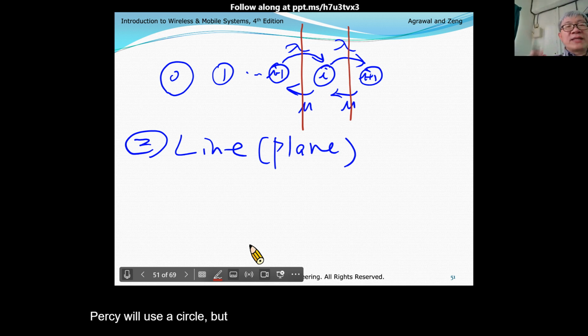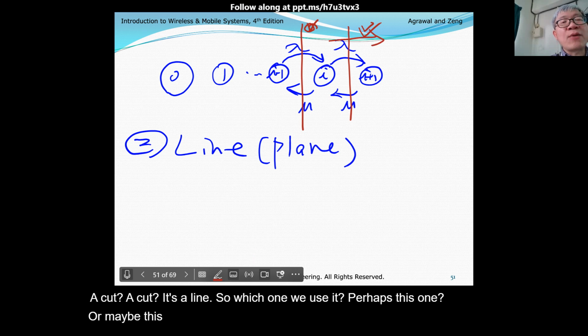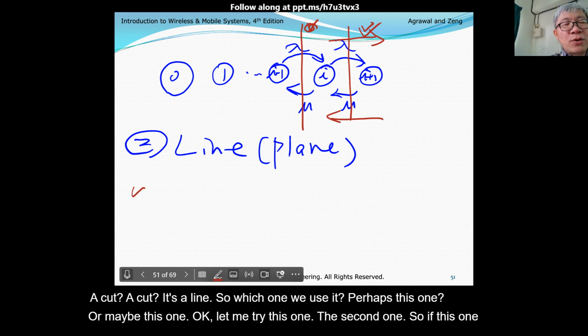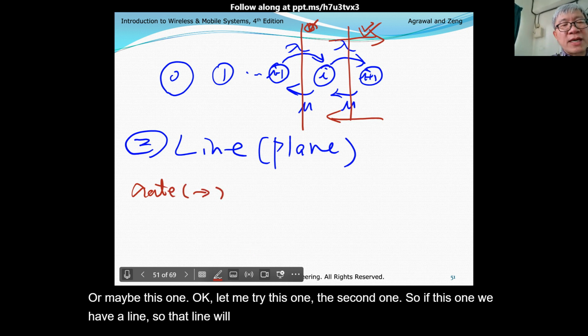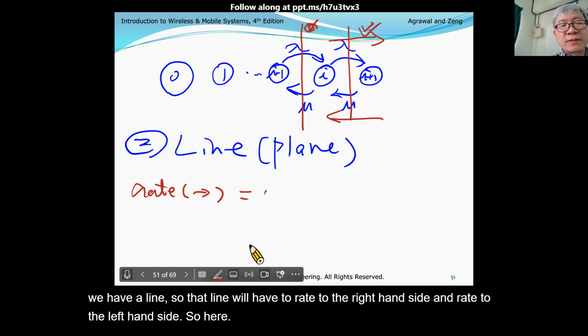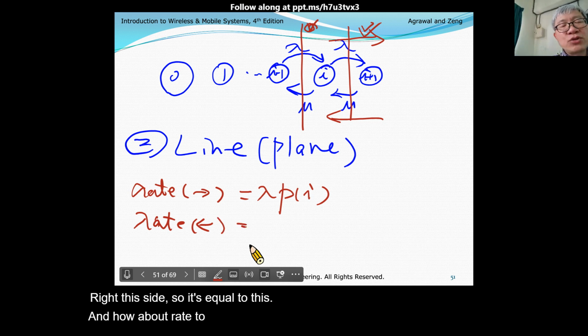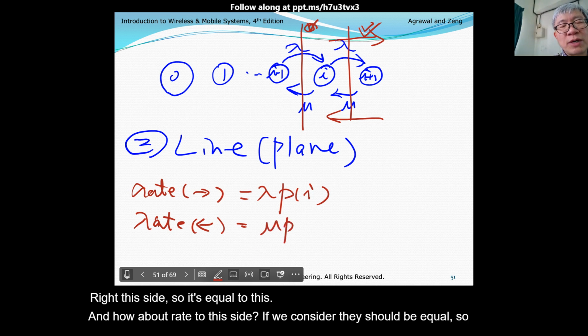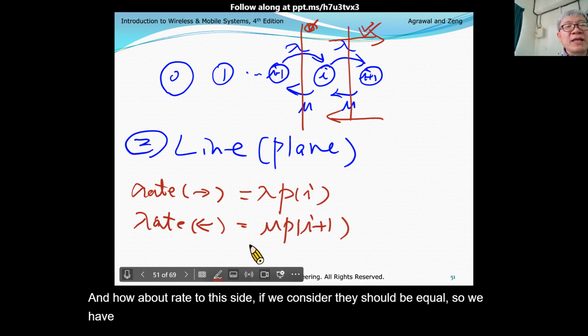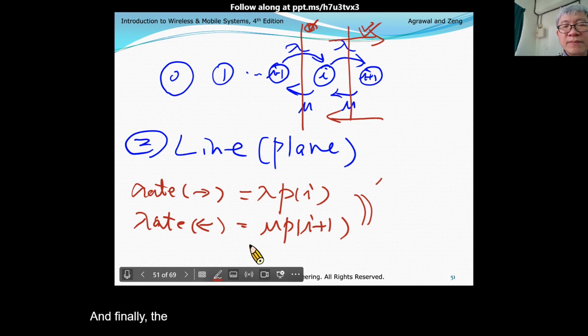Perhaps this one, or maybe this one. Okay, let me try the second one. If we have a line, that line will have a rate to the right-hand side and a rate to the left-hand side. So here, rate this side is equal to this. And how about the rate to this side? If we consider they should be equal, so we have this one. And finally, the balance equation should be this.